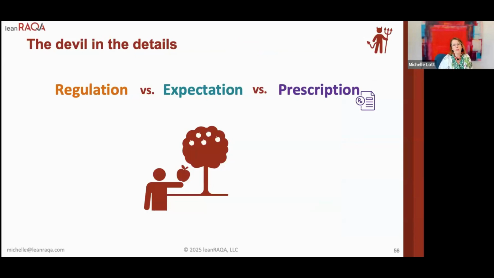So the devil is in the details, speaking of things that begat things. This is how you end up between regulation and expectation. But the language in 13485 is also much more prescriptive of how your procedures need to be worded.